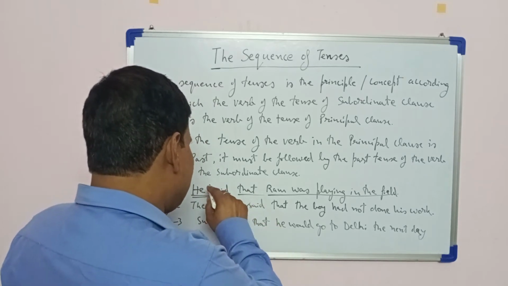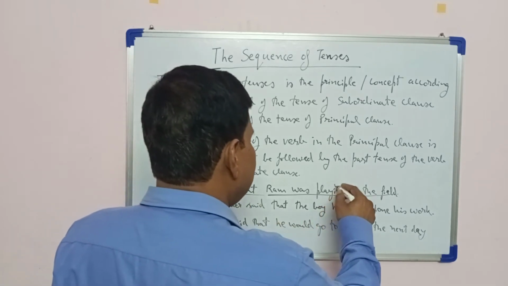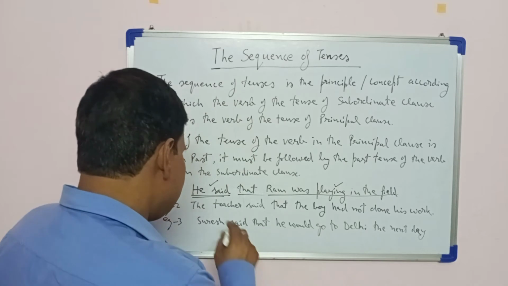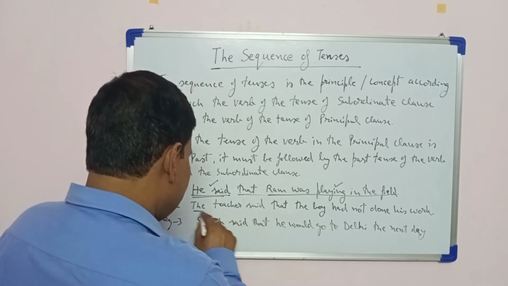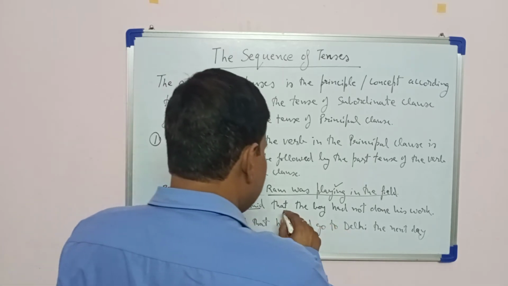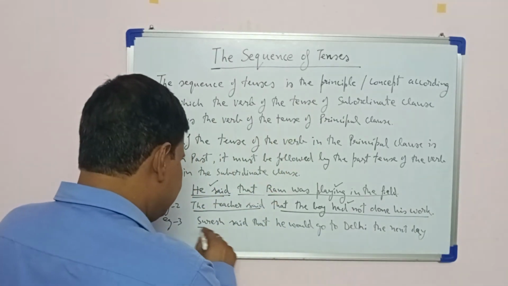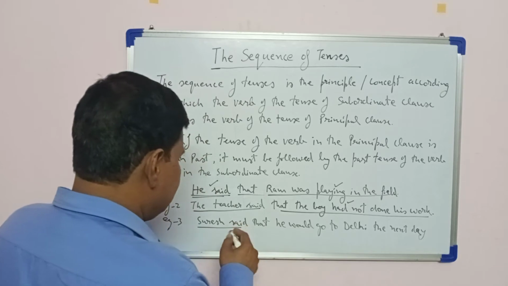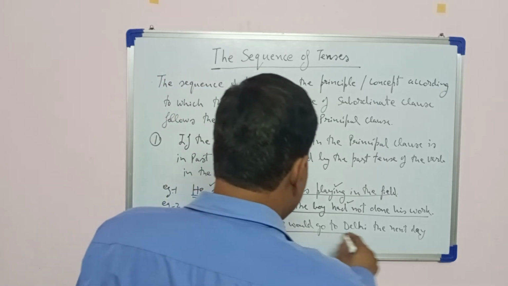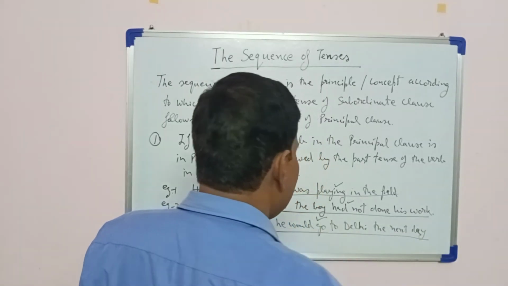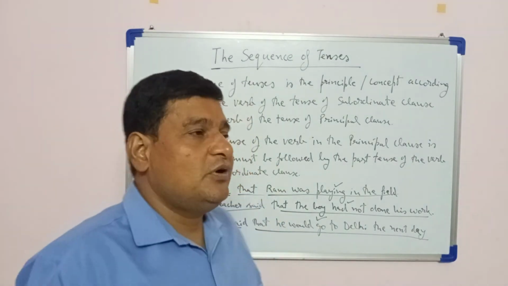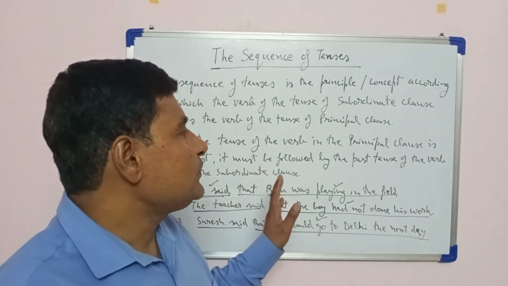So here the principal clause is in past tense, so the subordinate clause is also in past tense. The teacher said, it is in past tense, the subordinate clause is also in past tense. Suresh said, principal clause in past tense, so here the subordinate clause is also in past tense. So I hope you have understood this first rule.